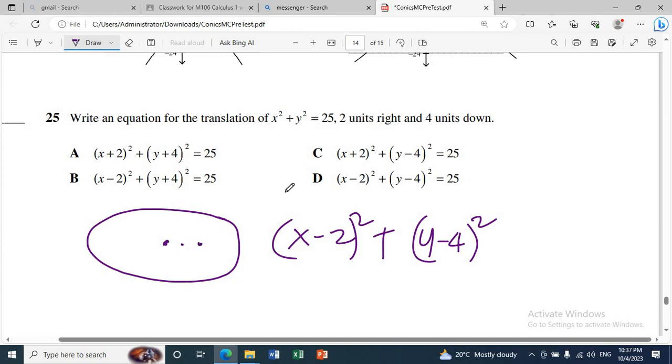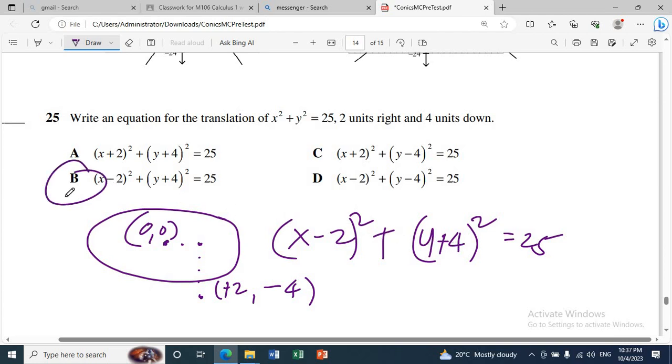If this is 0, 0, the location is 2 to the right and 4 down, so positive 2, negative 4. So this should be plus 4. The correct answer is (x minus 2) and (y plus 4). It's letter B, number 25.